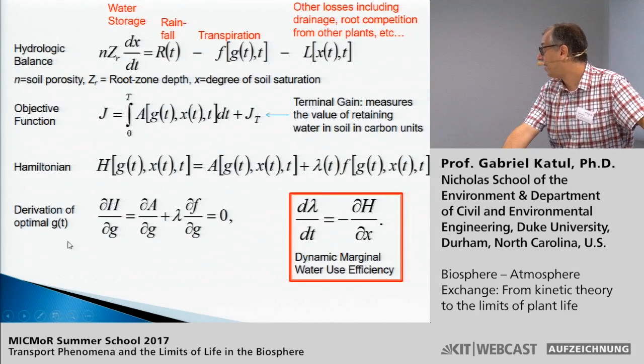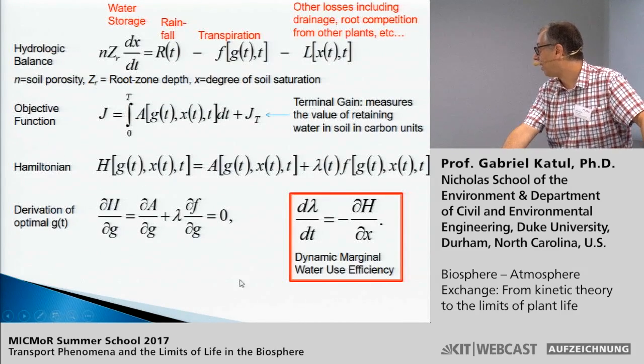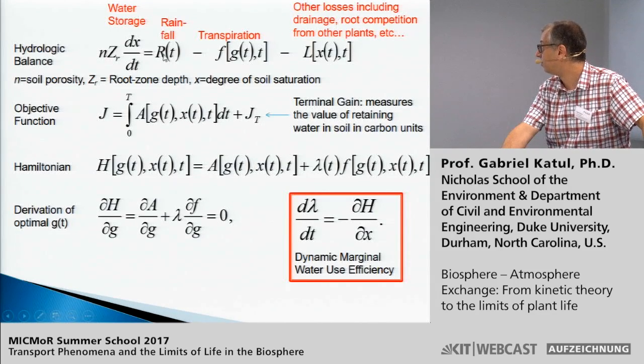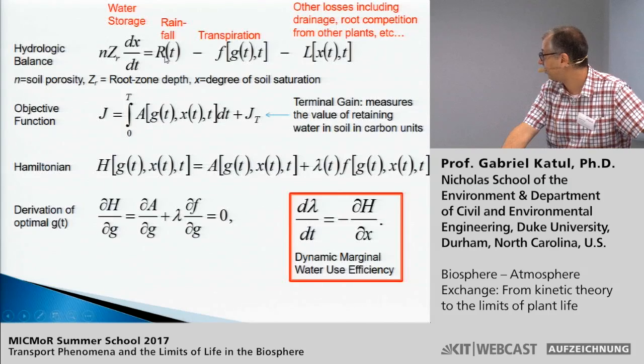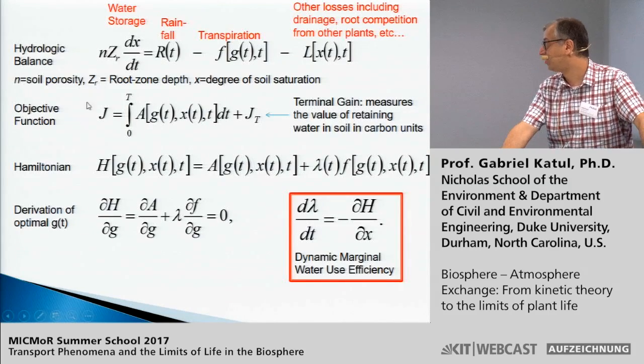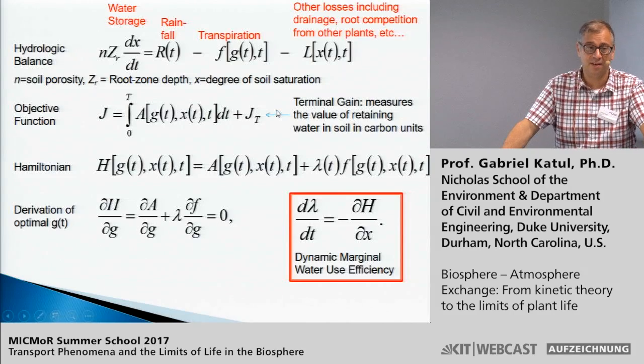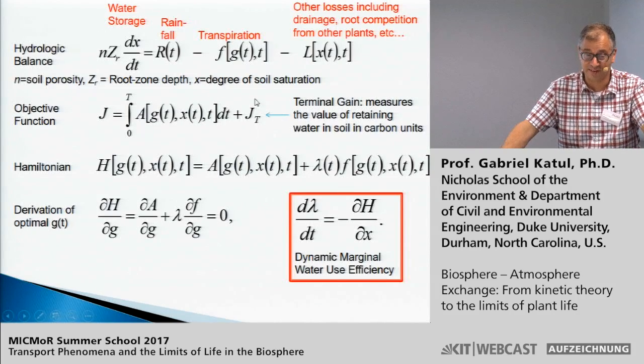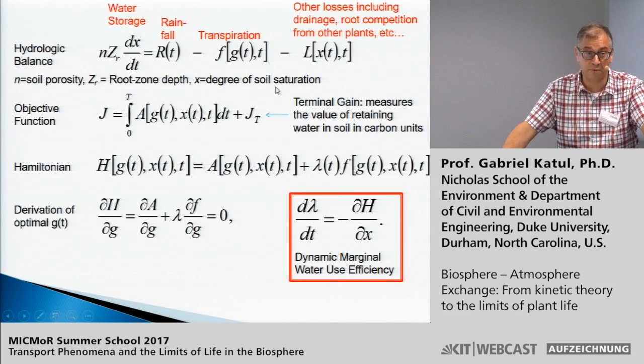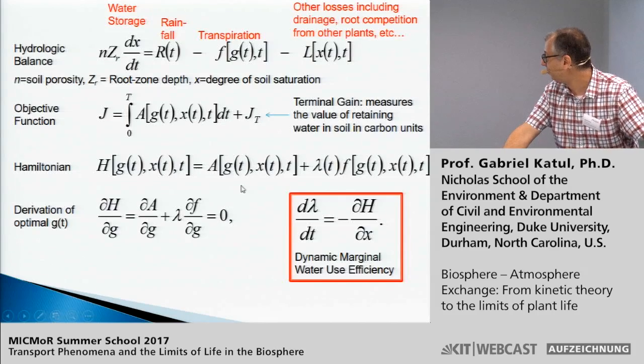And now you could derive an optimal stomatal conductance trajectory by differentiating this Hamiltonian with respect to the control variable stomatal conductance, with the condition that the time rate of change of the Lagrange multiplier is now dependent on the Hamiltonian with respect to the state variable, in this case, soil moisture. So under some conditions of losses and some conditions of terminal gain, Stefano Manzoni is very good with this stuff. He was able to solve this problem for dry downs, single dry downs.